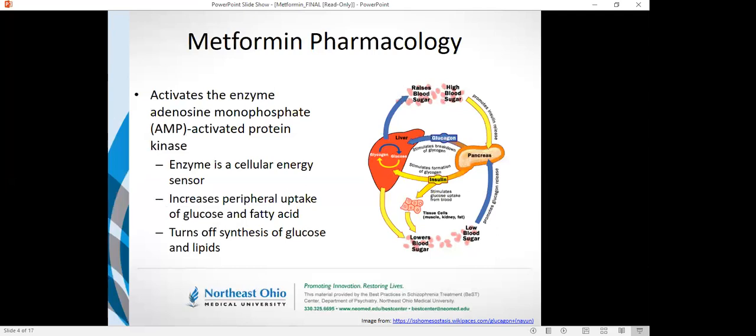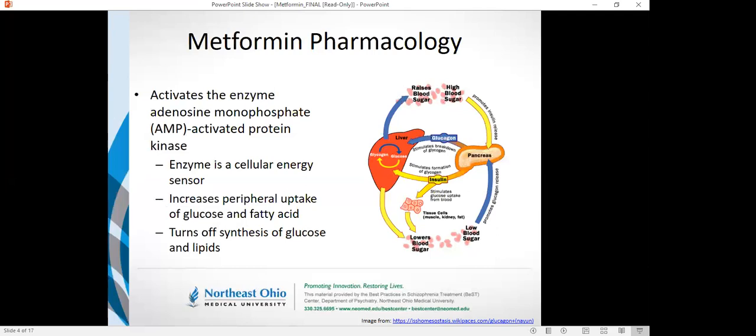Some of the things to be aware of, because it slows the intestinal absorption of glucose, it may reduce the appetite in some patients, and it's really felt that each of these actions seems to contribute to the patients experiencing some weight loss, which is going to be a huge theme that we talk about today.